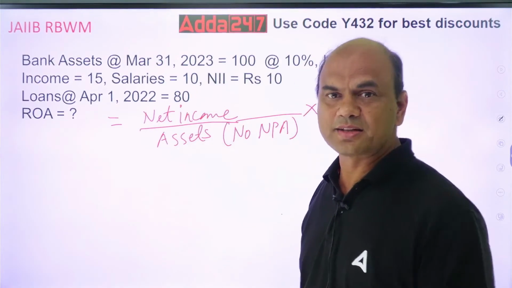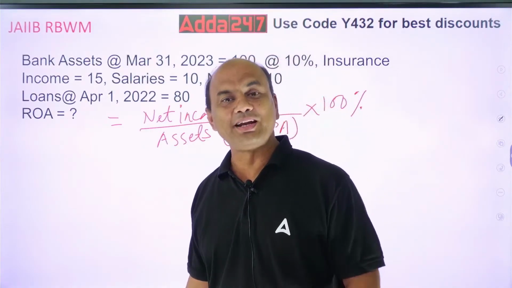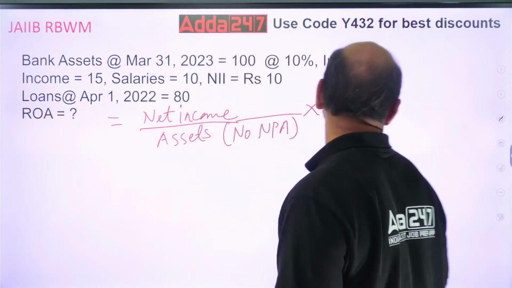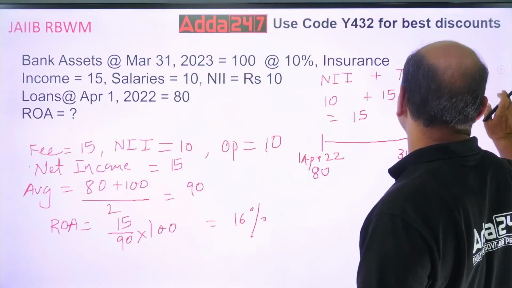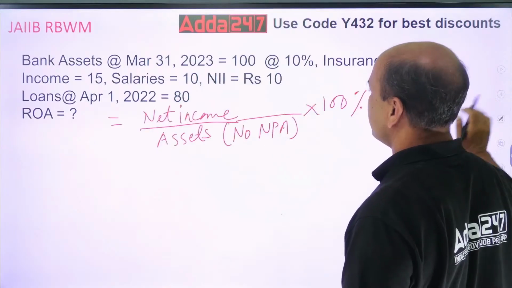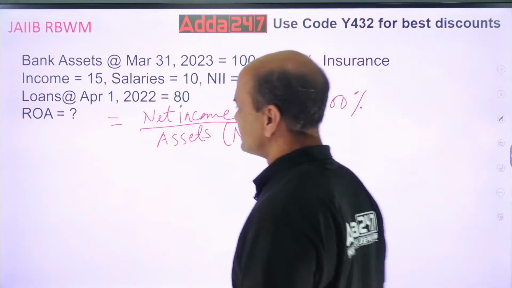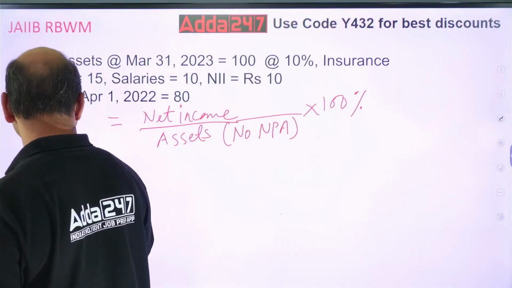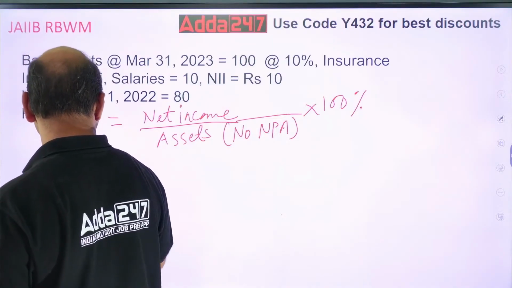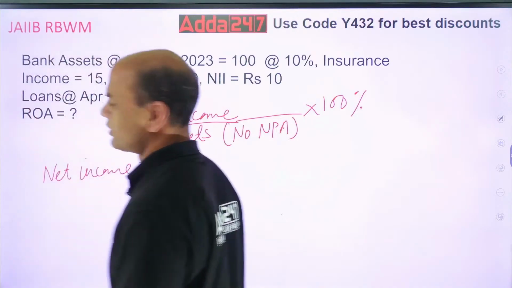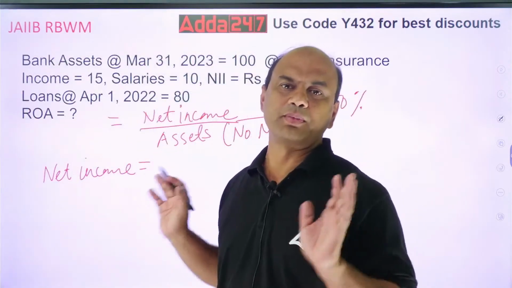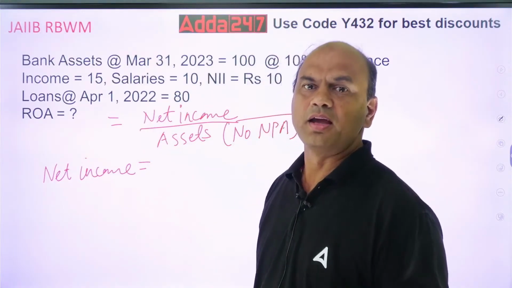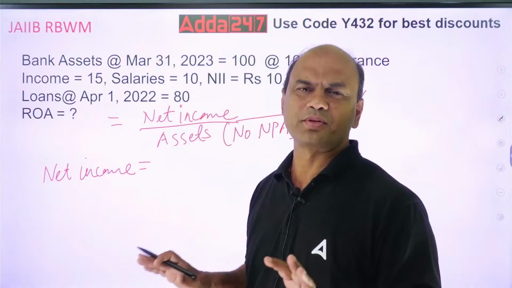Net income is another formula. What are the incomes for any bank? Any bank will generally have two types of income.